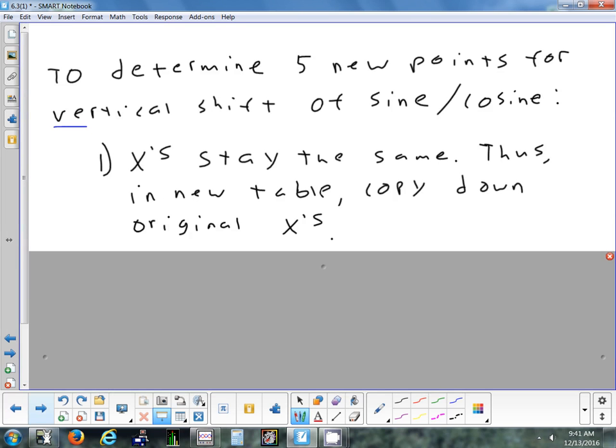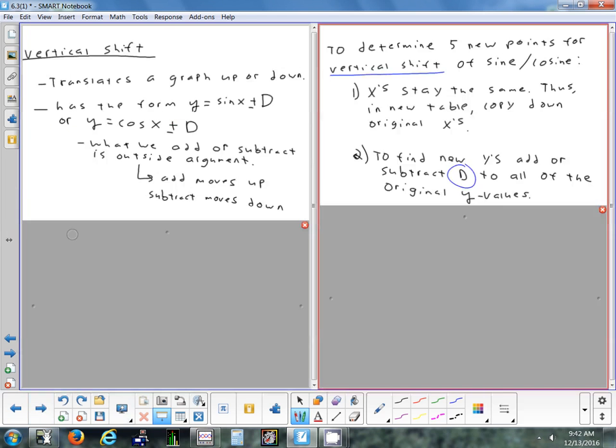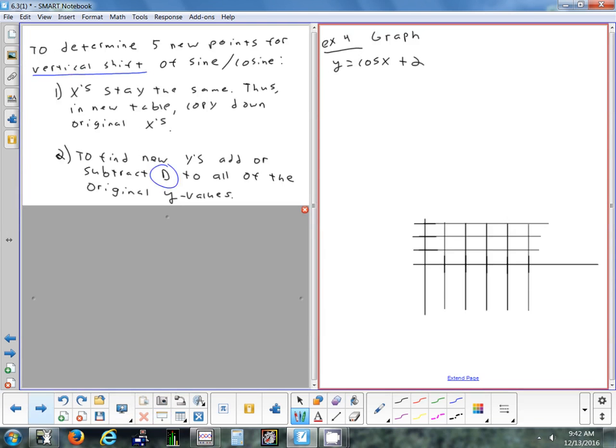Okay, so for a vertical shift, copy down your x's. They're not going to change. And all you have to do to find the new y values is add or subtract whatever d was to all the original y values. Okay, so if I had a problem like this, cosine x plus 2, I'm going to do a plus 2 to all the y values.